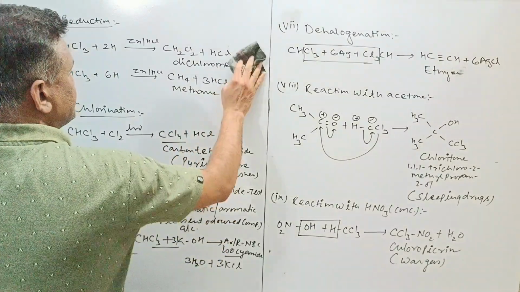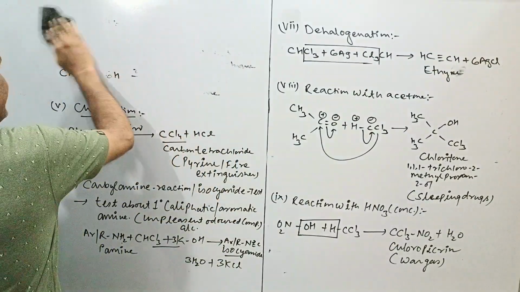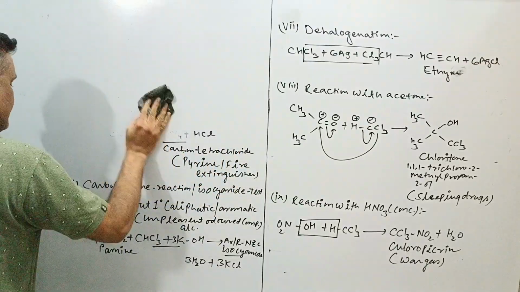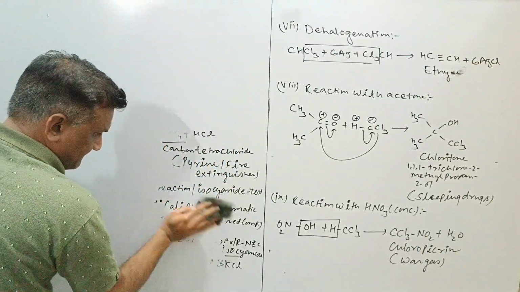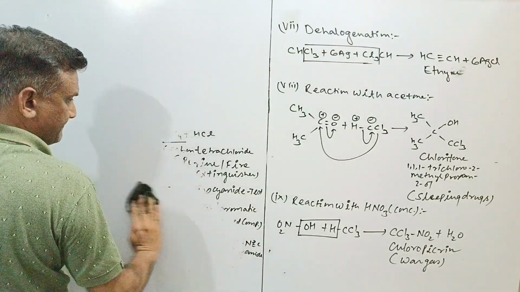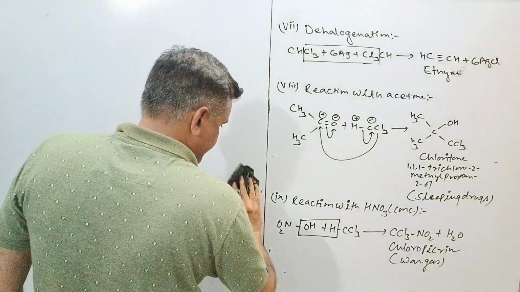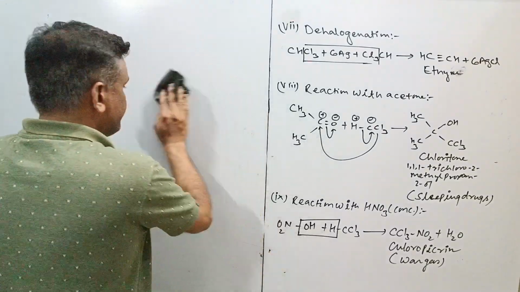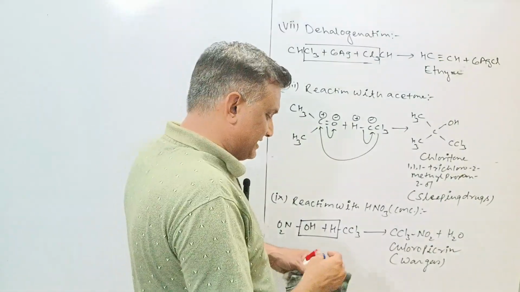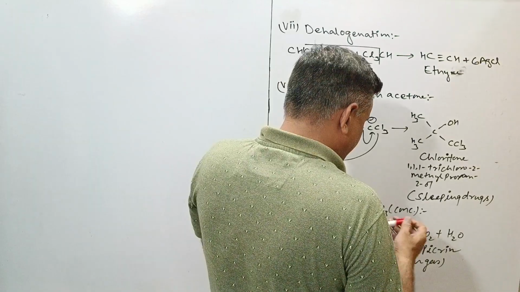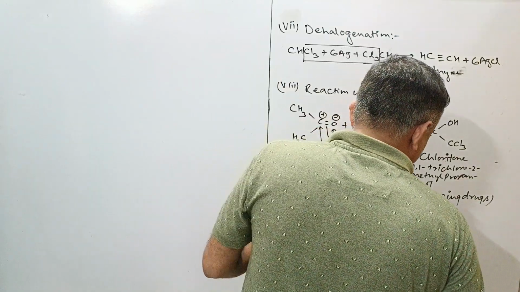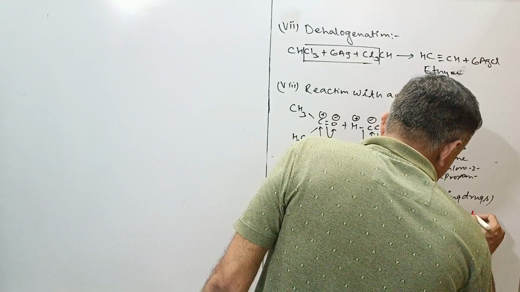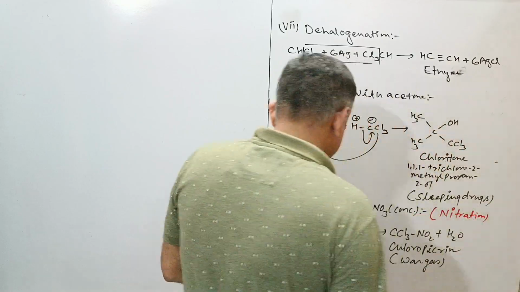Now the time to discuss the next property. This reaction with HNO3 is also called nitration reaction, nitration of chloroform.